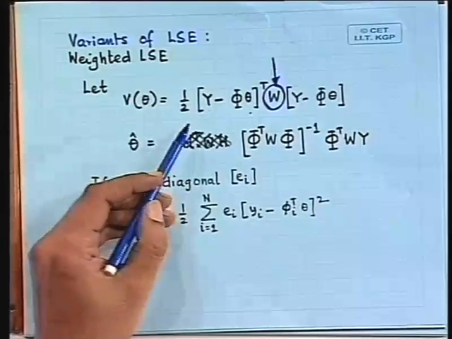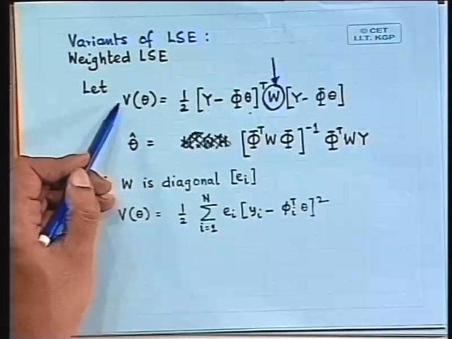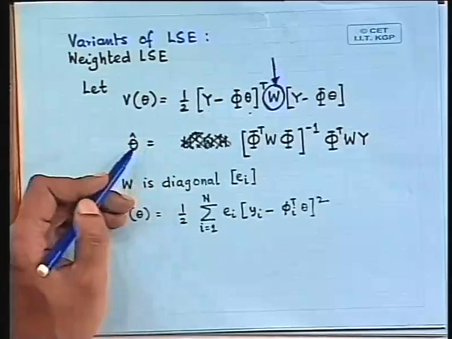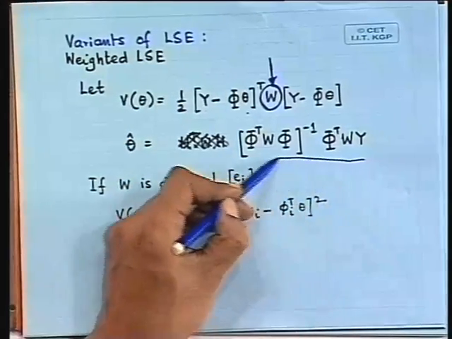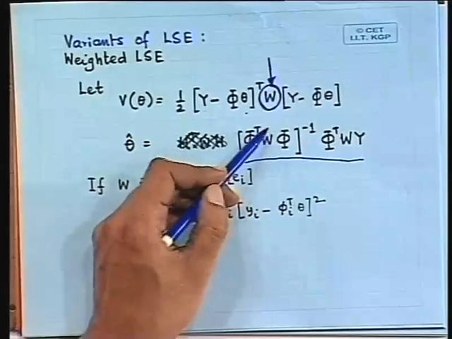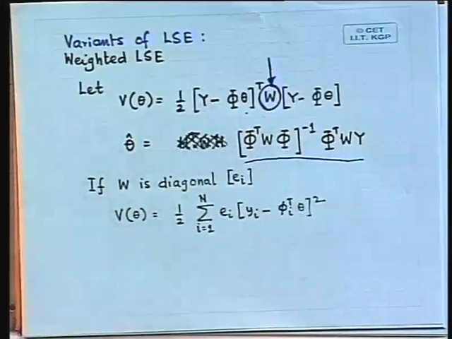Again you can do the same thing: differentiate this V theta with respect to theta and set it to 0, then you will get this relationship, which is obviously the same as our old relationship. If you set w equal to I, you will get the least square estimate back.